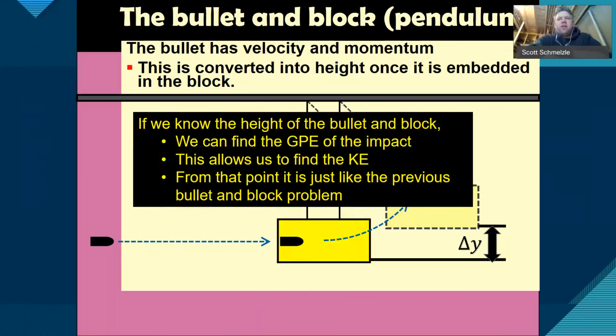This allows us to turn that into kinetic energy. Again, remember that total mechanical energy concept. In order to get up to the top of that height, we have to have converted kinetic energy into gravitational potential energy. Once we know from that height how much kinetic energy started this thing, then it's just like type 1, or mostly like type 1, because we don't have any friction. So that's kind of what we're looking at here.